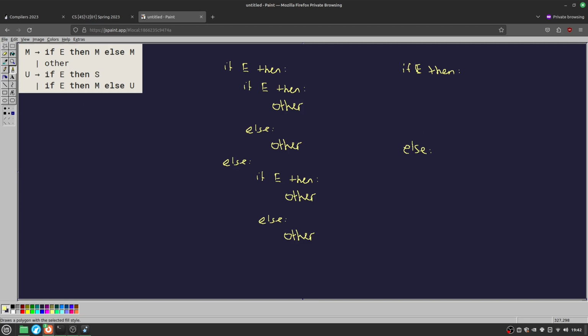So it can look like if E then M, if E then S, else U, which could be something like that.